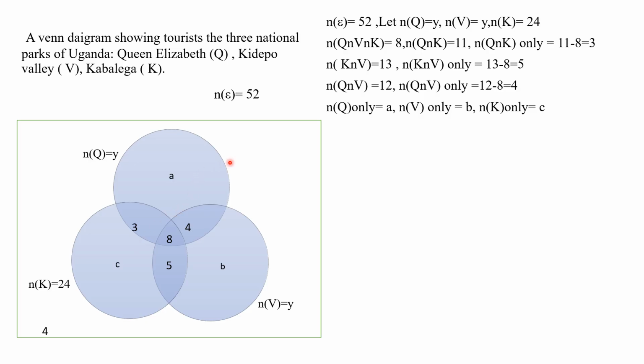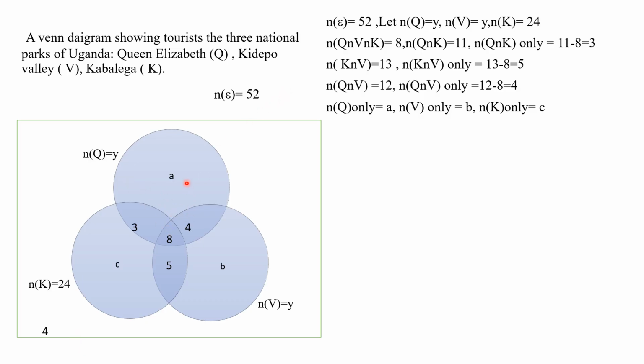And if you are to add everything and equate it to the universal, you have to make sure that you have only one unknown. Now you cannot come and say that A plus 3 plus 4 plus 8 plus 5 plus C plus B plus 4 is equal to 52. Why?